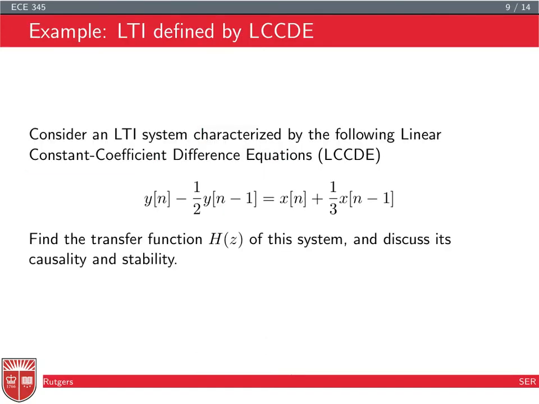So let's do another example. Consider the LTI system given by the following linear constant coefficient difference equation. We've done these kinds of examples before, and the question is to find the transfer function of this system and discuss causality and stability.